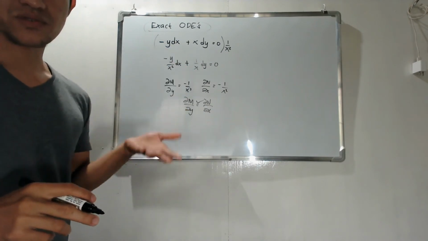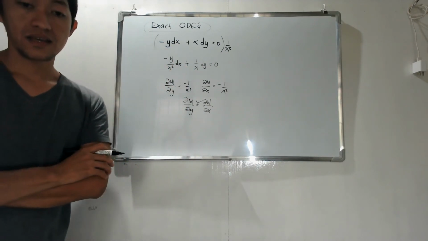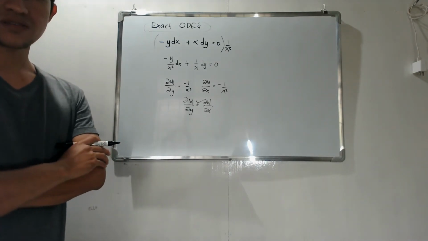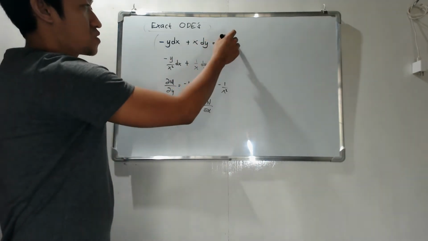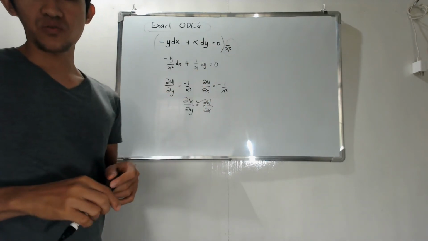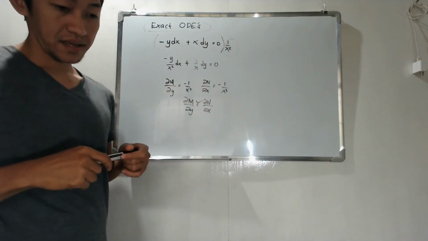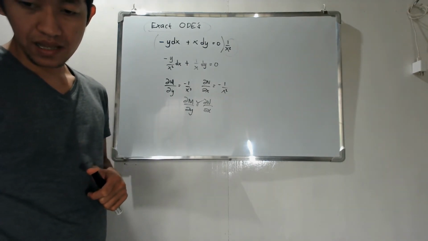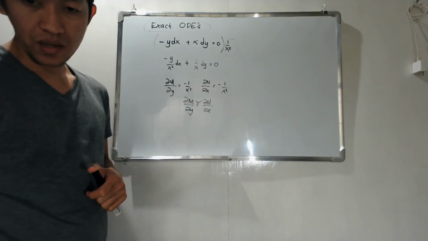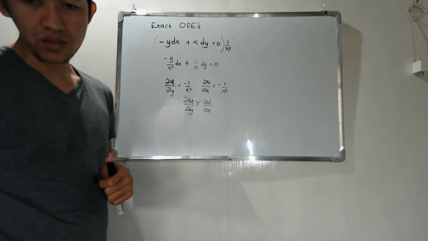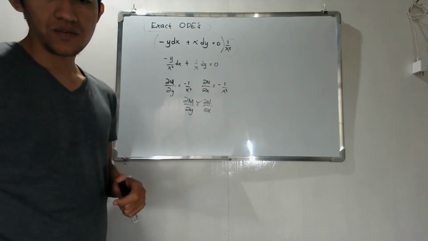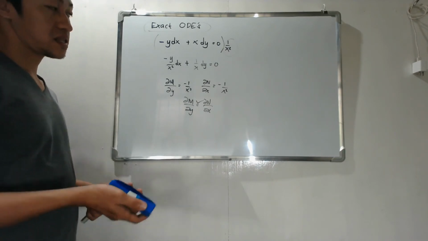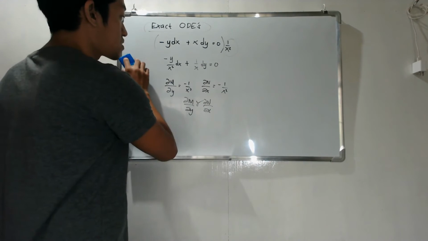And then you proceed with getting the general solution. Okay, the question is, how do we know this one? How do we know what to multiply? There is a method for knowing what to multiply for a certain differential equation to make it an exact differential equation.